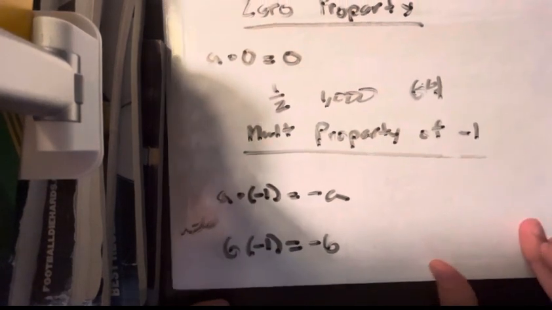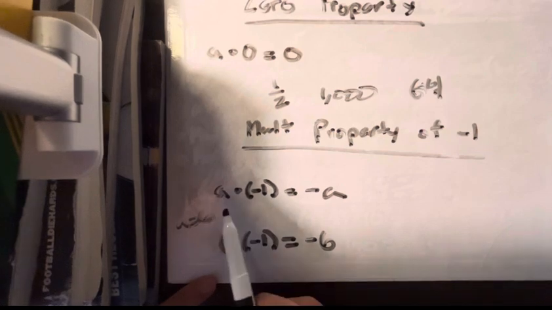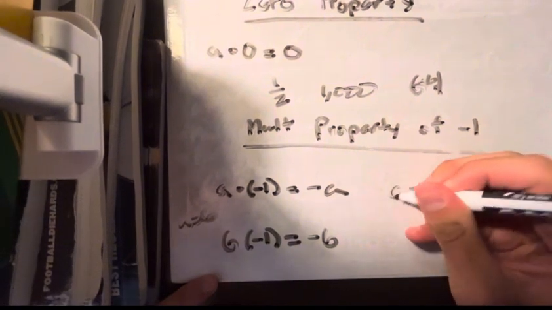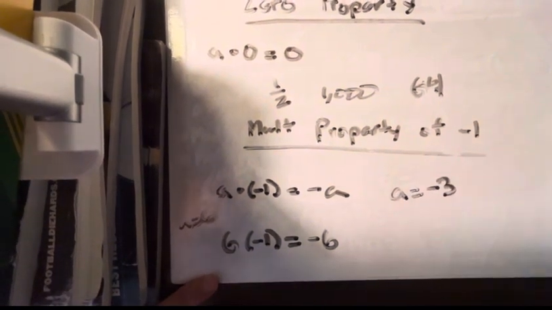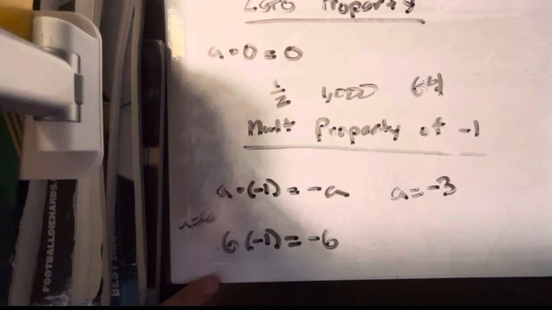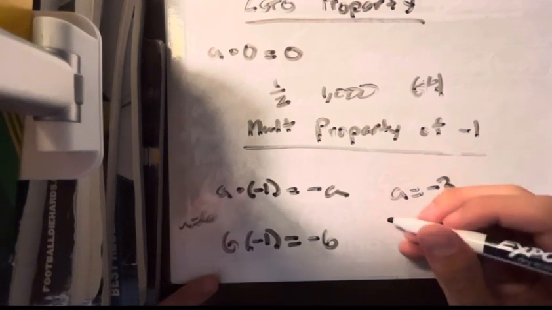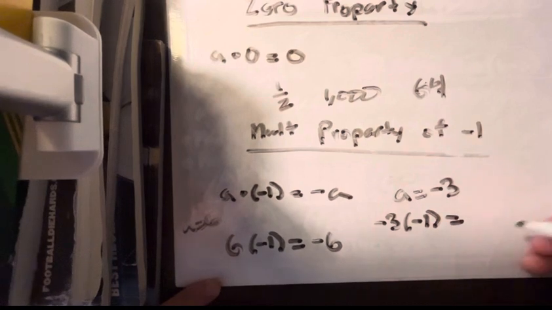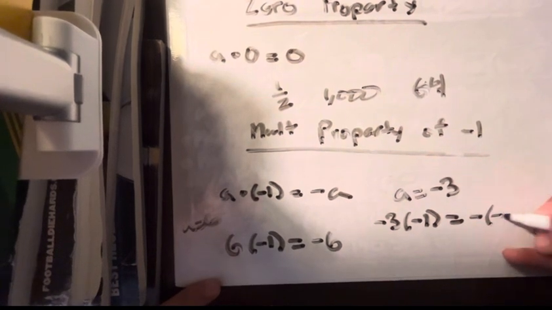Now, the reason why this could be tricky is because what if A is already a negative number? What if you had A equals -3? So you plug in -3 to both sides, right? -3 times -1 equals -3.